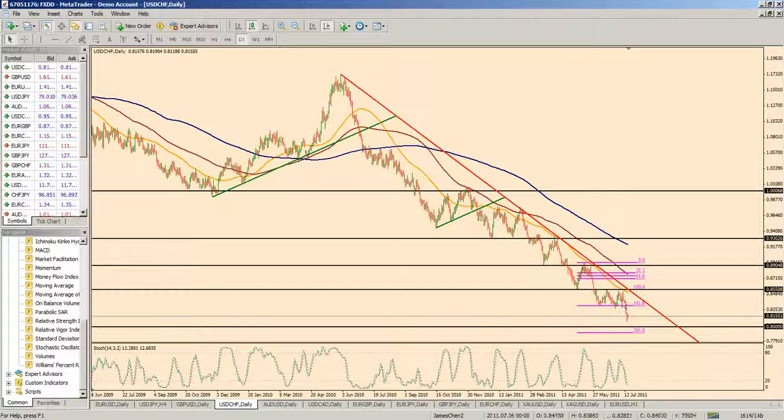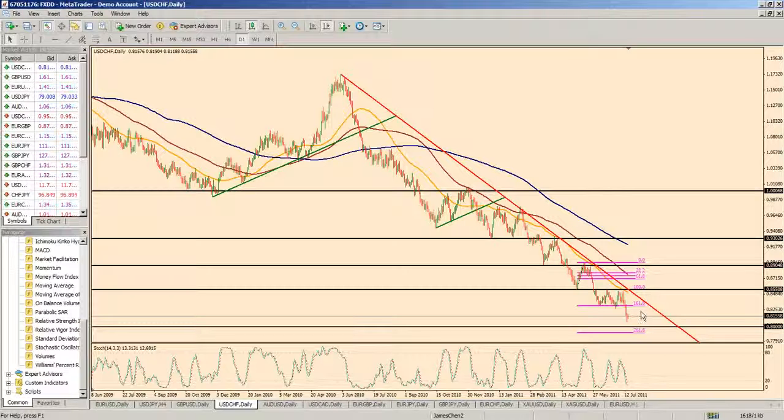We just broke down again below the new all-time low. Now we're at yet another all-time low, and we're targeting 80 to the downside. Okay, so 80 to the downside after this 161.8% Fibonacci.